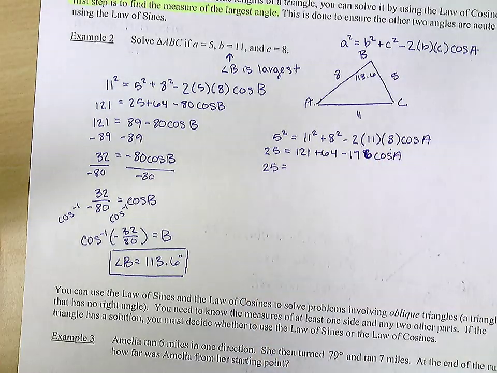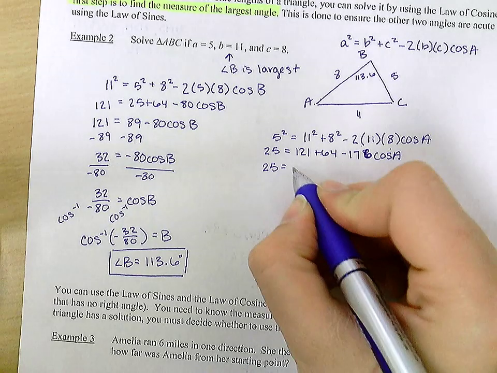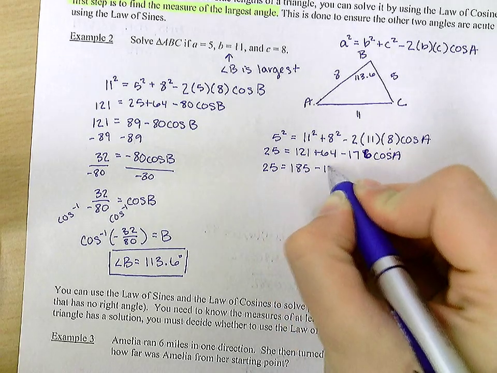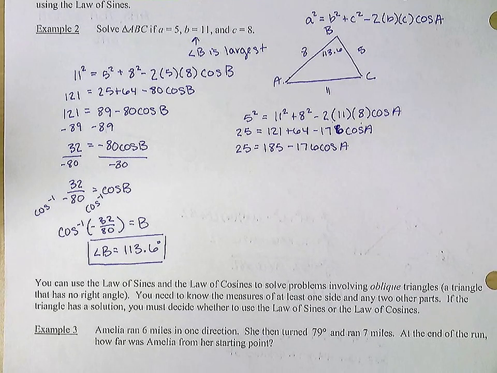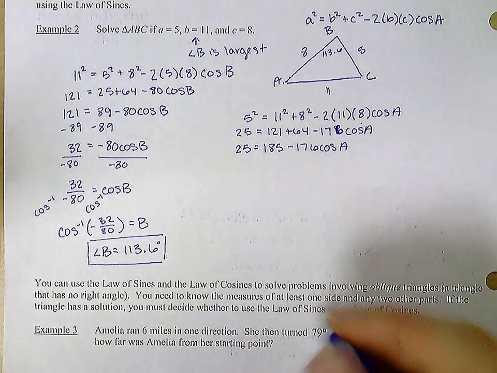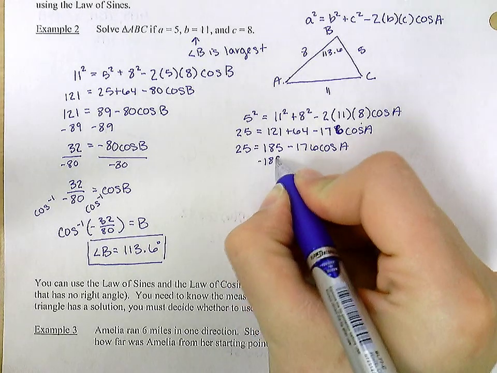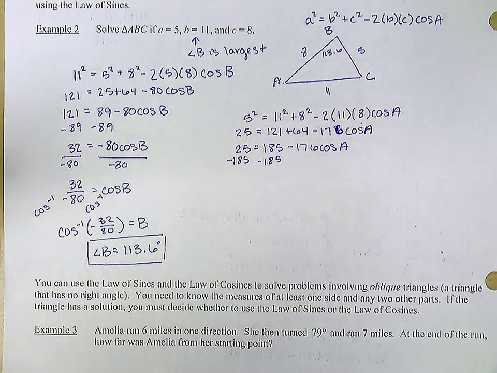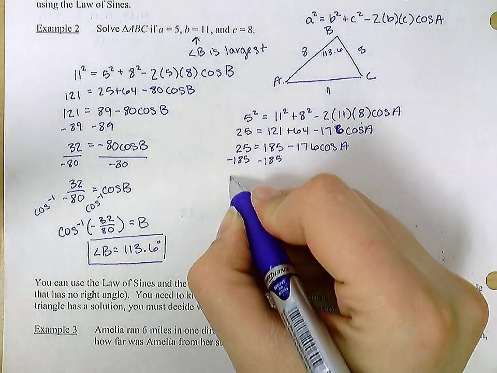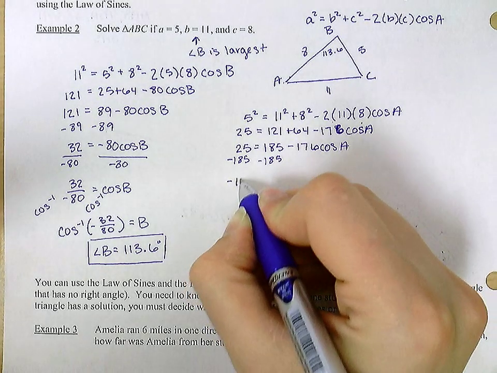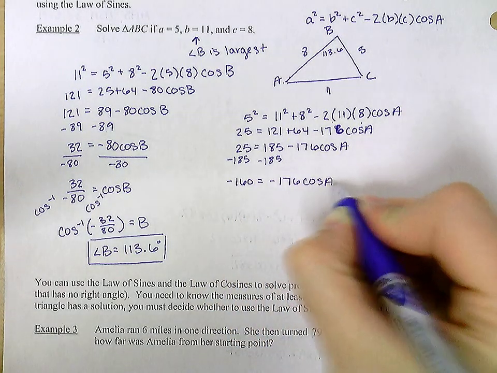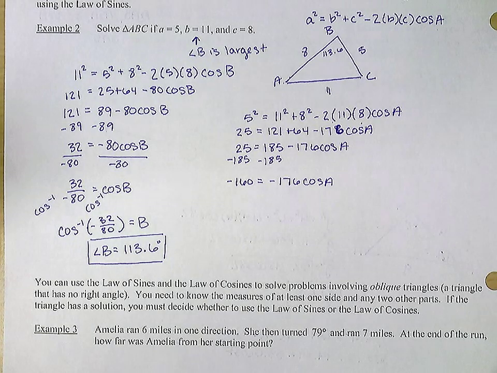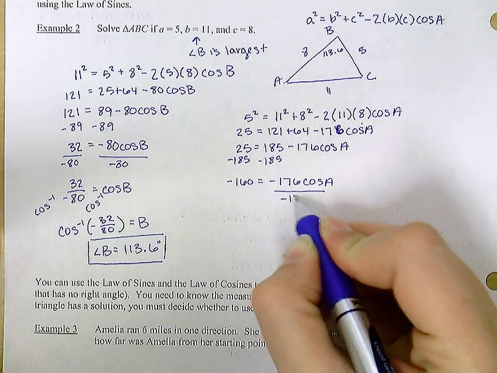So we have 25 is equal to 185 minus 176 cosine of A. Subtract 185 from both sides to get negative 160 equals negative 176 cosine of A. Divide by negative 176.